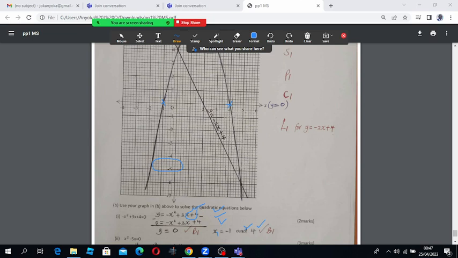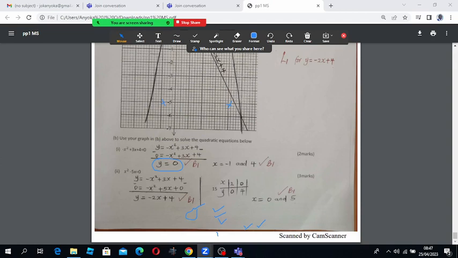We do the same in the next equation. We are using this one to solve x squared minus 5x. Rearrange the equation that we used to draw the graph, this function. Minus 0 is equals to -x plus 5. Subtract 4 minus 0, 4.